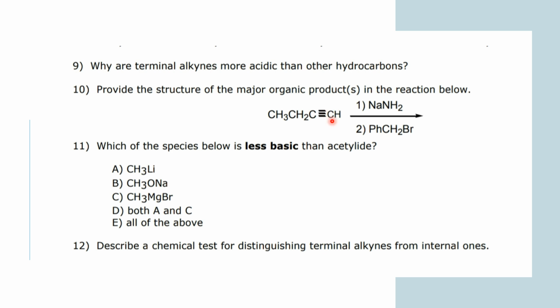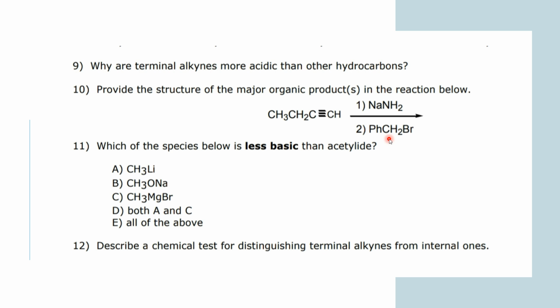Negative charge will be oriented on this carbon, and then this negative charge will undergo an SN2 mechanism, because look at the reagent provided here, benzyl bromide, PhCH2Br. What will happen? This bromine is present on a primary carbon center. We know that primary carbon centers readily undergo SN2 substitution reactions.